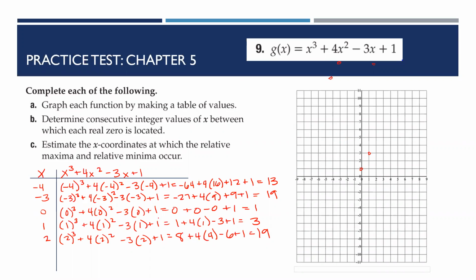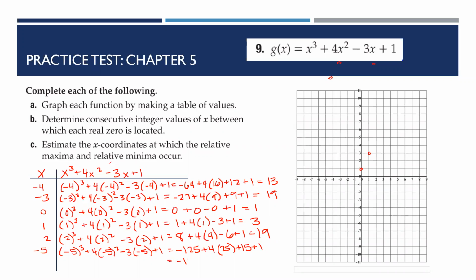I'm also going to include negative 5 here. Okay? So this is negative 5 cubed plus 4 times negative 5 squared minus 3 times negative 5 plus 1. So negative 5 cubed would be negative 125, plus 4 times 25, and then negative 3 times negative 5 is going to be positive 15, and then plus 1.